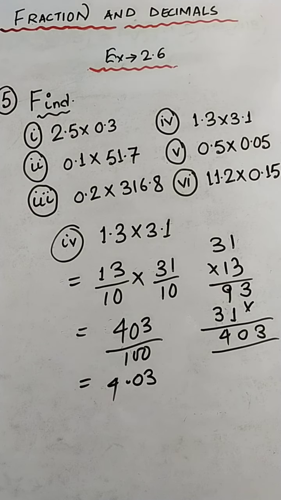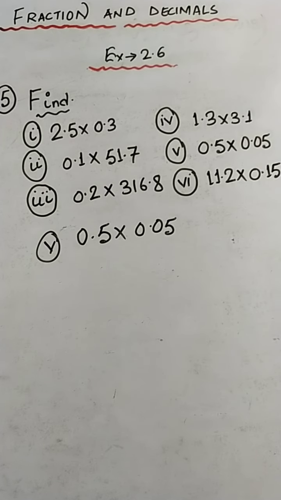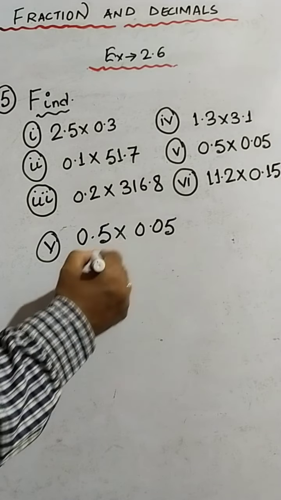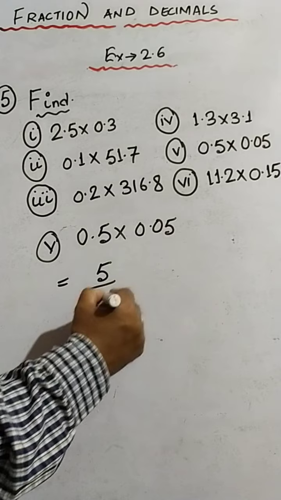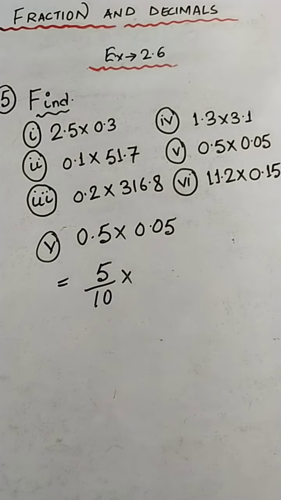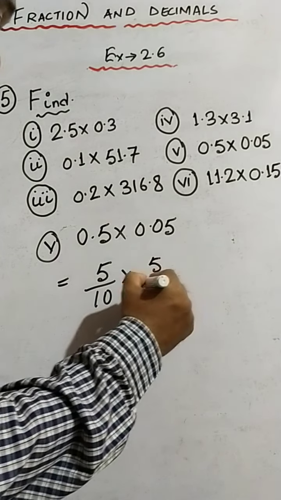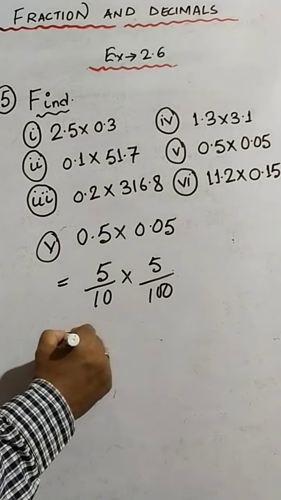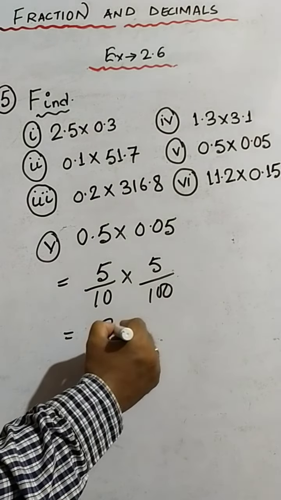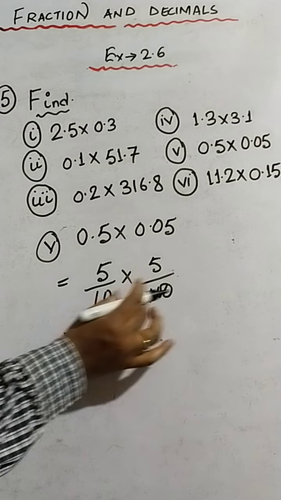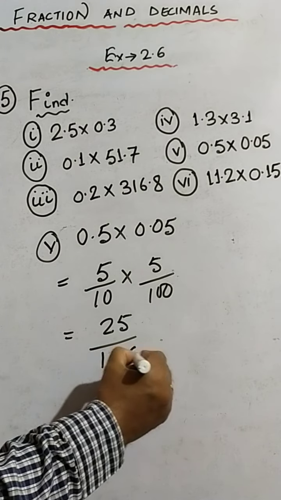Okay students, now let's move on to sum number 5. This time we have 0.5 into 0.05. So 0.5 can be written as 5 by 10 and 0.05 can be written as 5 on 100. Now 5 into 5 is 25 and 10 into 100 is 1000.